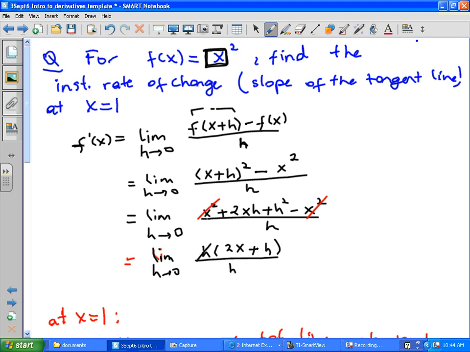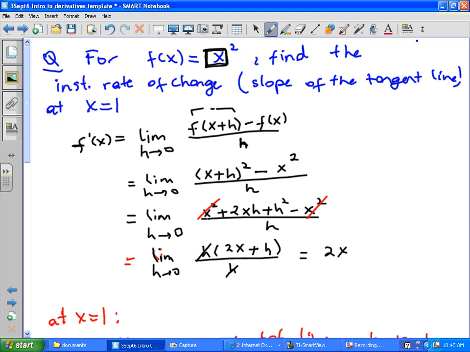Now let's cancel the h's. And what can I do further? I'm taking a limit as h goes to 0, so what can I do right now? Plug it in at this point. We got rid of the indeterminate form. We have 2x.